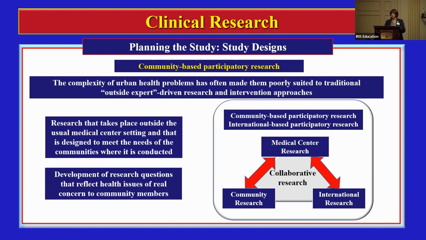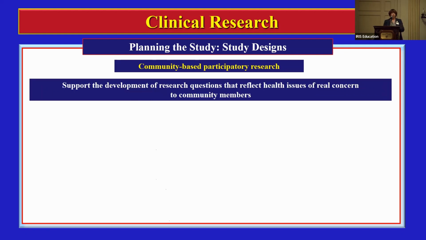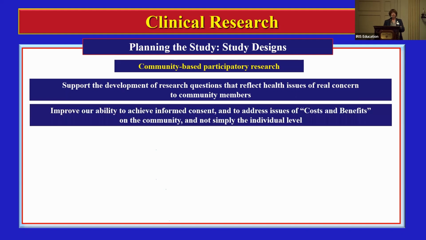But if you don't engage the community, then you are likely to find a number of barriers that will make your research not feasible. Community-based participatory research supports the development of questions that reflect the health issues present in that community, and the factors surrounding that health issue that may affect our ability to produce change.